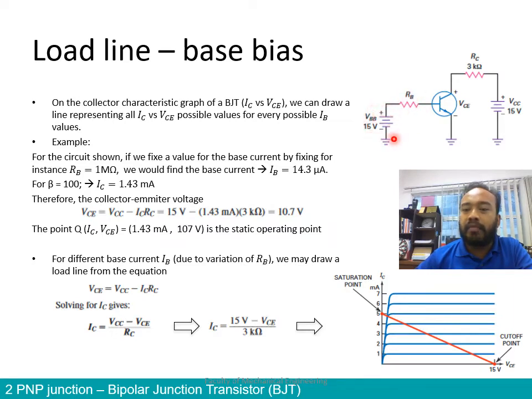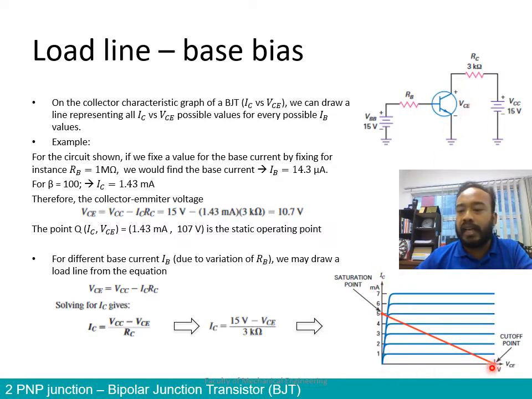Let's imagine that the voltage VBB is constant. By changing the value of RB, we will be able to change the value of IB, right? By changing IB, we know by calculation that IC will change, therefore VCE will change. So if we change RB, we change IB, and by consequence we change IC and VCE.